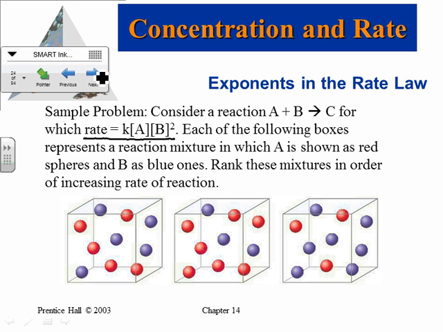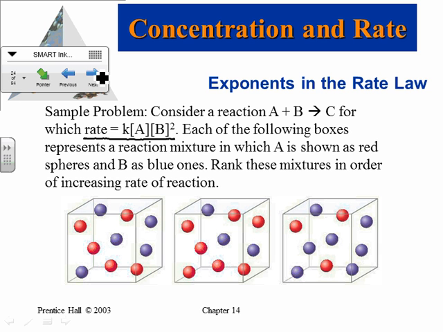Each of the following boxes represents a reaction mixture in which A is shown as red spheres and B as blue ones. And again, that doesn't show up on your notes, so sorry about that. Rank these mixtures in order of increasing rate of reaction. Let's just assume each of these represents a mole per liter or something like that.